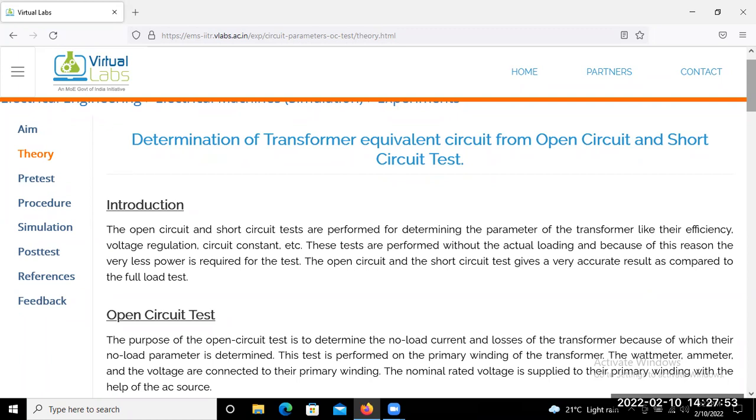So we measure the rated voltage supplied to the primary coil, or LV coil. And during that period, the current taken from the supply side can be measured with the help of an ammeter. Similarly, one wattmeter we have to connect on the LV side.